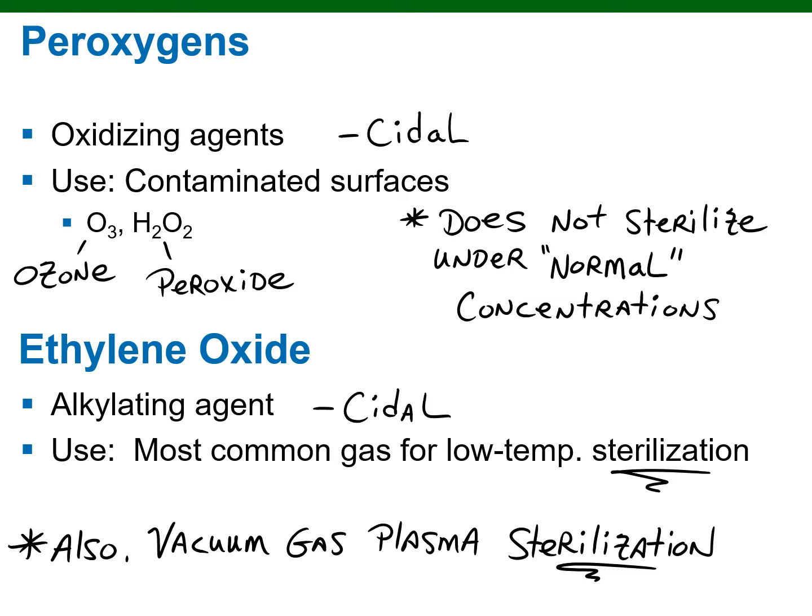The electrons can travel around in unusual ways that represent a cidal measure for life forms, and it can achieve sterilization when the plasma comes into contact with the surfaces that you're trying to sterilize.